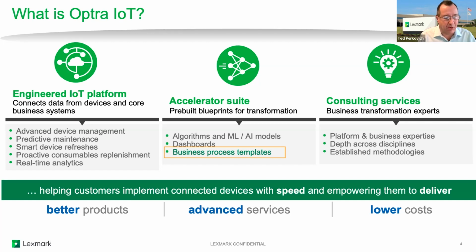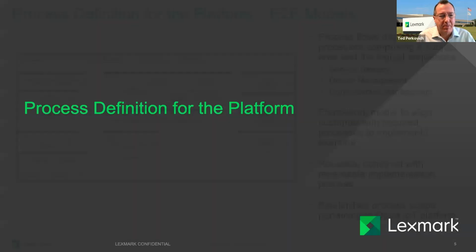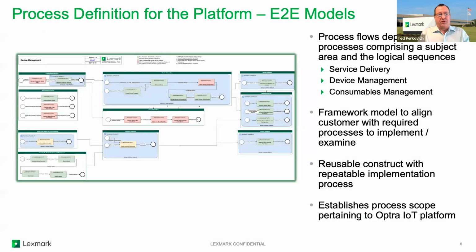So let's take a look in more detail about what we're doing specifically within Inspire for these business process templates, okay? The first thing that we're doing is we're putting together a series of what we call end-to-end models. If you're familiar with process analysis or process architecture, this should not be foreign to you.